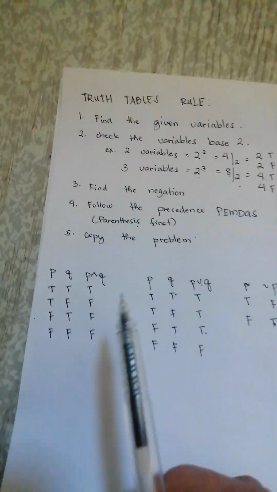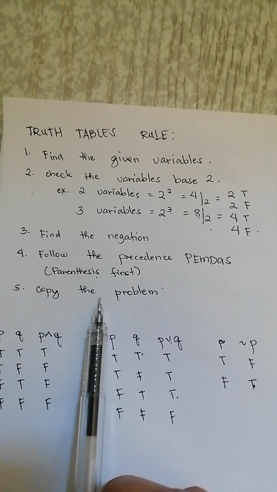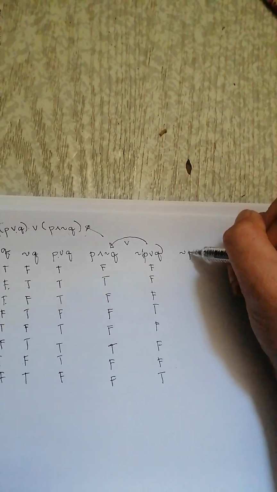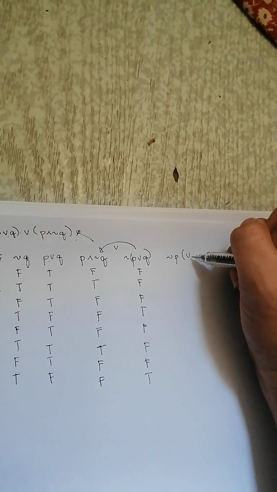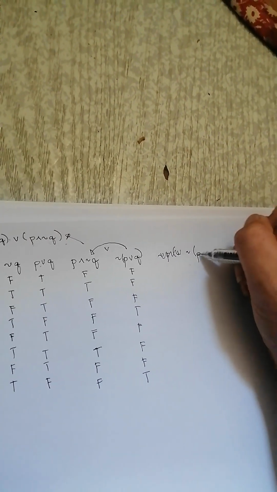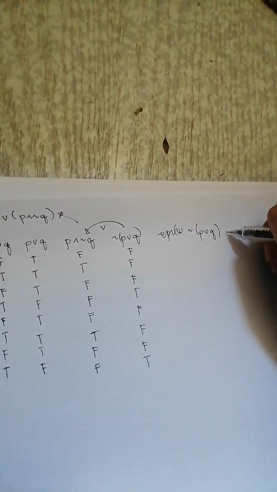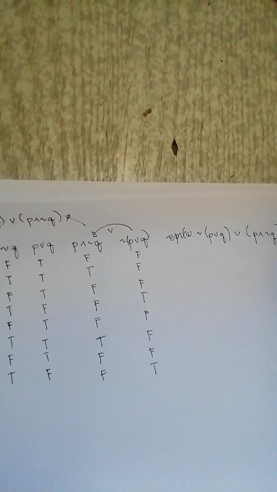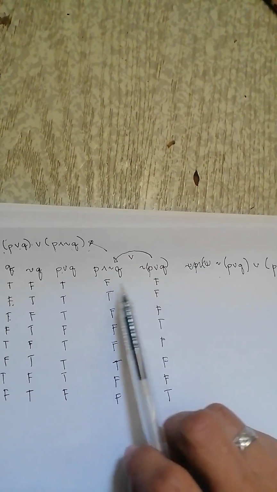Okay, that is the rule number 5. We need to copy the whole problem to solve. Okay, so the problem is not P or Q, or P and not Q.